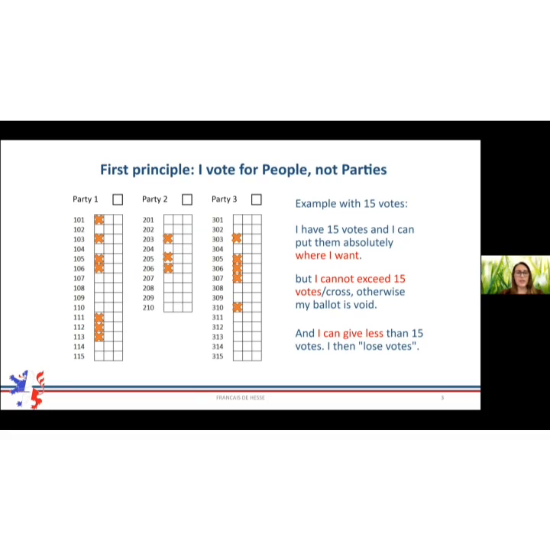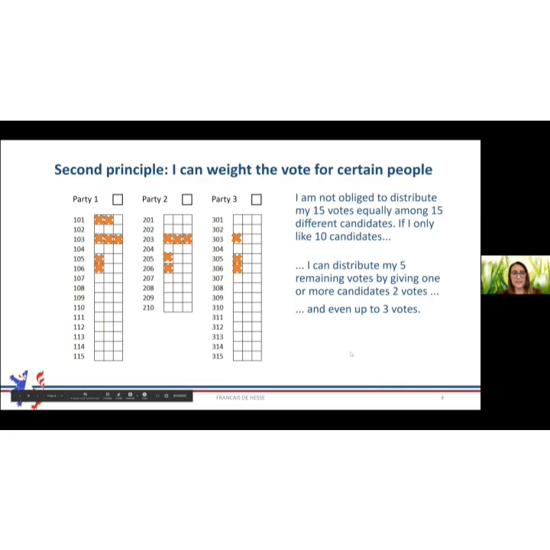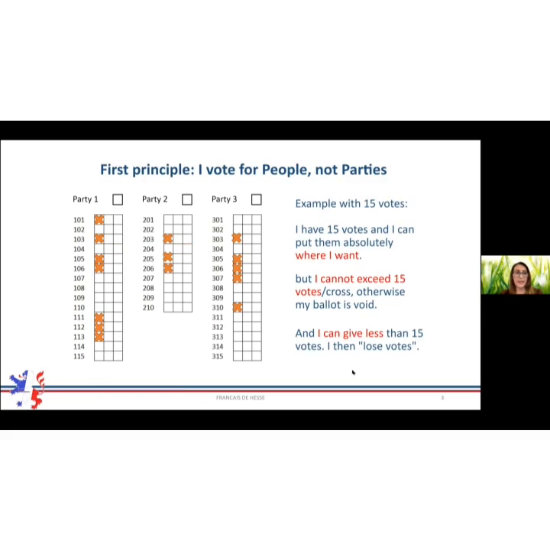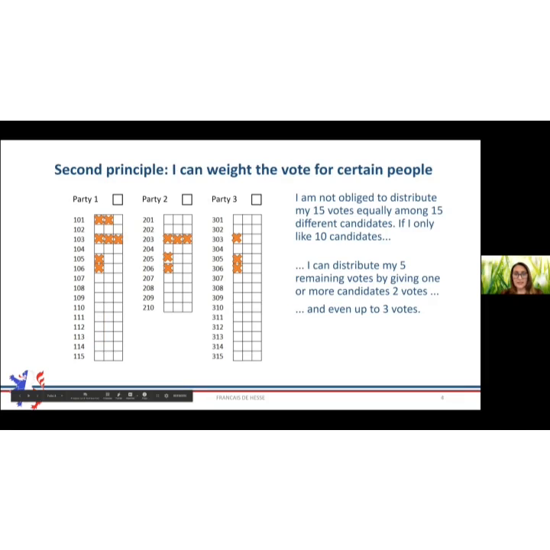What you can do as the first principle is vote for the people, and you can vote for as many people as you want, up to the maximum number of votes you have, being the seats that are to be filled. In this example, you have 15 votes, and you vote for candidates 101, 103, etc., from different parties until you have 15 people that you chose. You should not exceed the 15 votes.